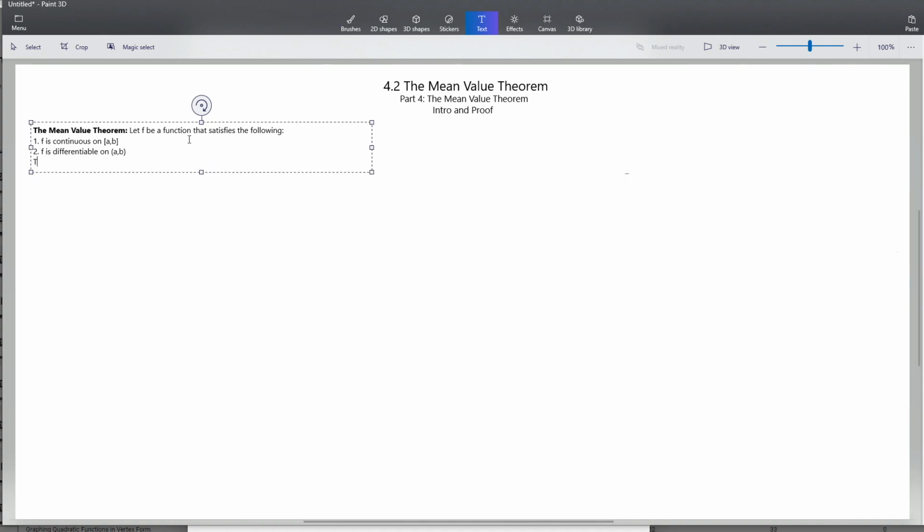Okay, then let's look at our conclusion. There exists a number C in the open interval AB so that f prime of C, the derivative at that point, is equal to, and then let's take a look at what this is equal to.